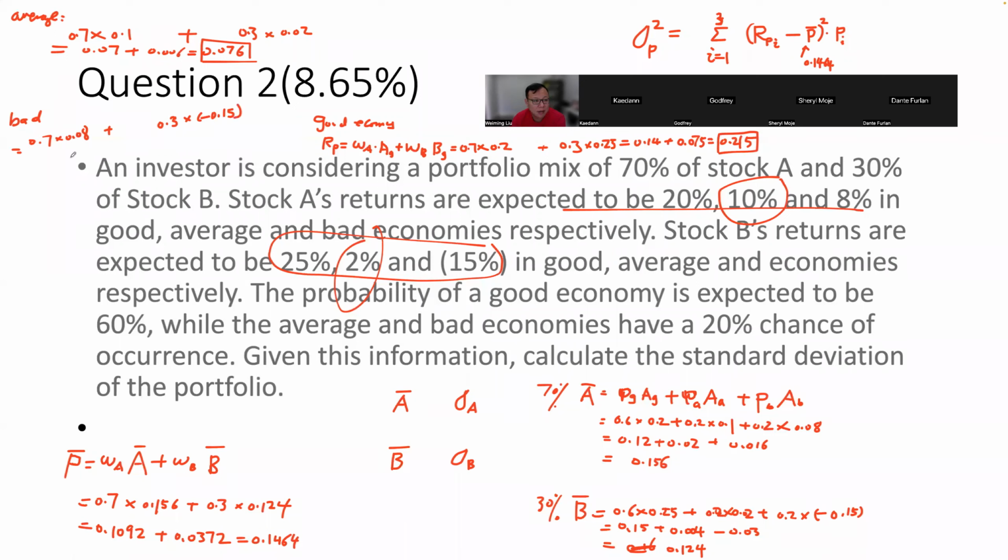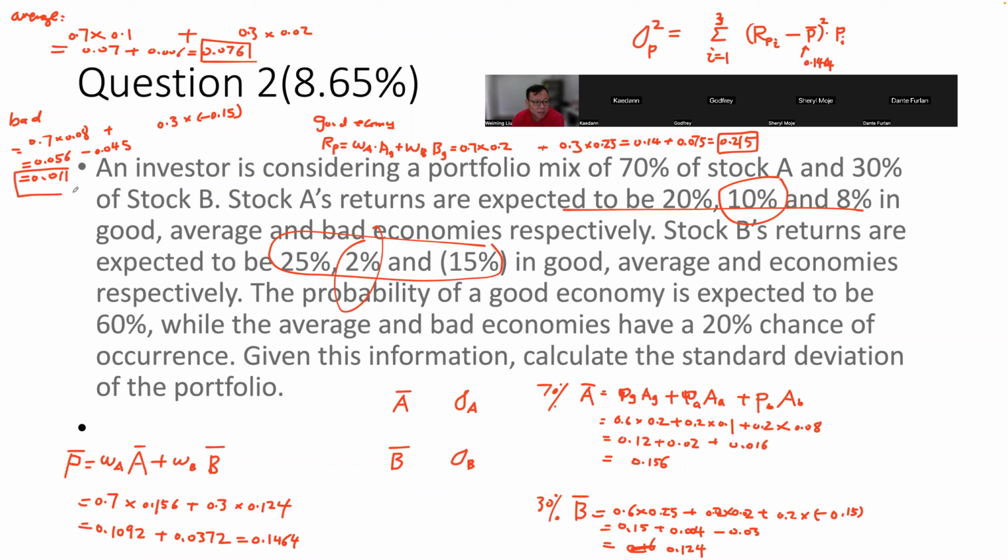So this gives me 0.056 minus 0.045, and I get 0.011.